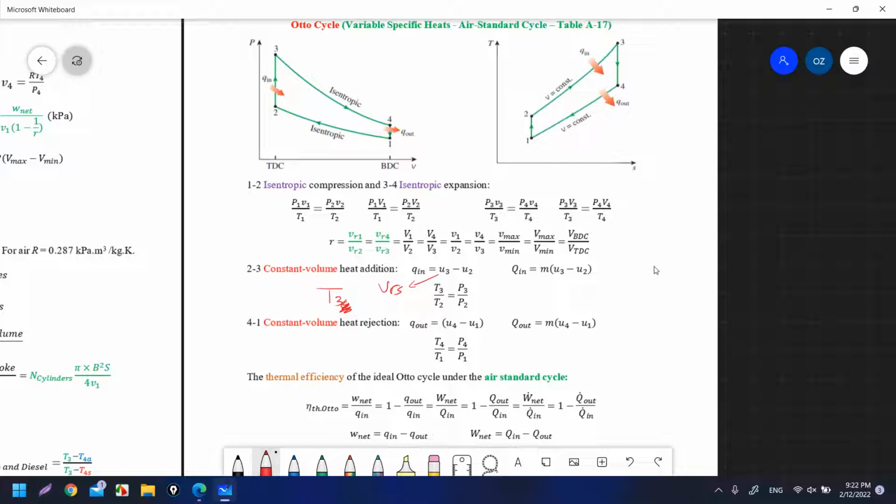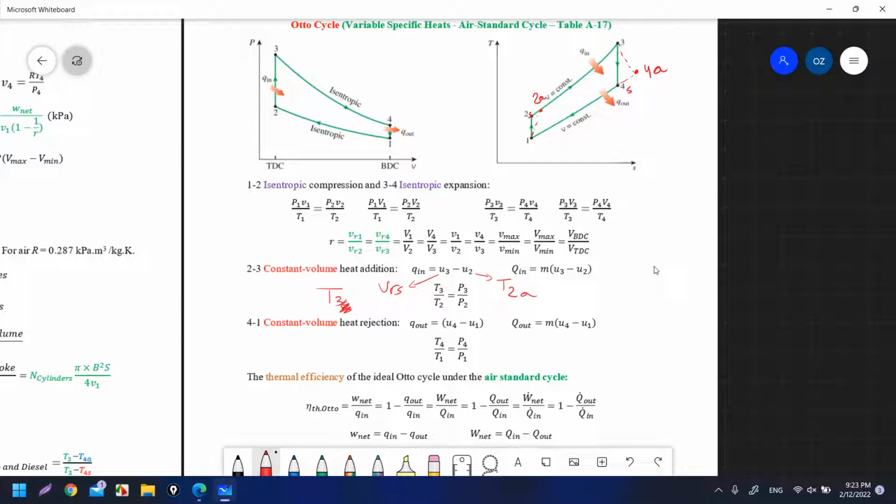The problem is in U2. I have to find U2 at the actual temperature T2A, not at T2S. So let's draw again the difference between the actual and ideal. This one is T2A, and we'll call this one T2S, and this one will be an expansion. This point will be for A, and this is for S.